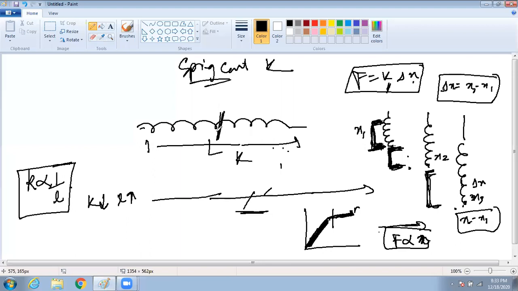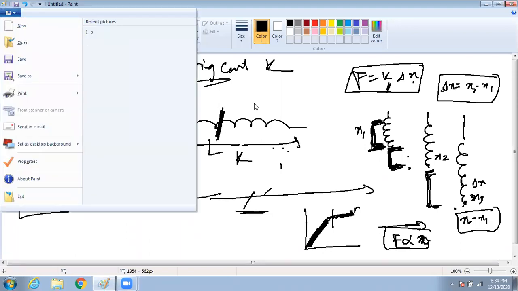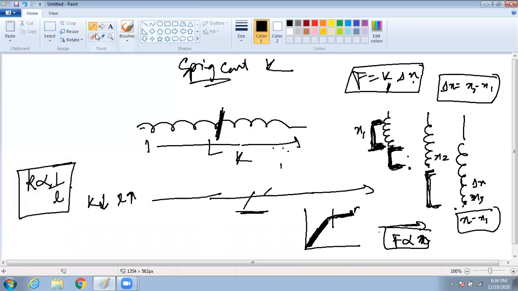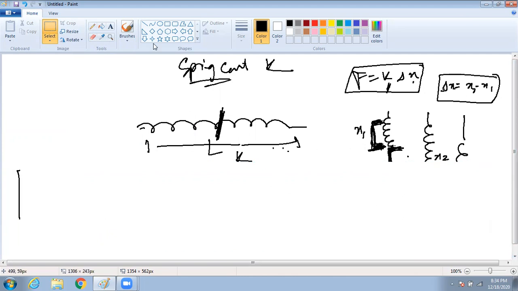So what will happen if I cut it? That means there will be two different springs. If I cut it, you'll get two small springs, and both lengths will be L by 2. So what will happen to this thing? 2K, 2K.